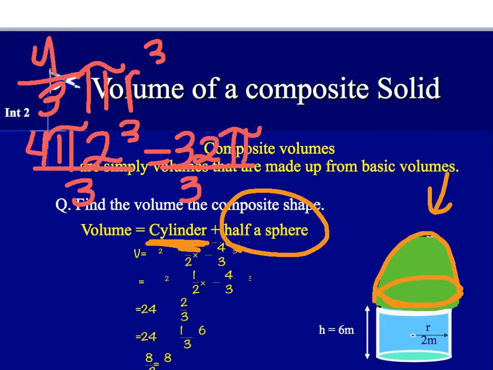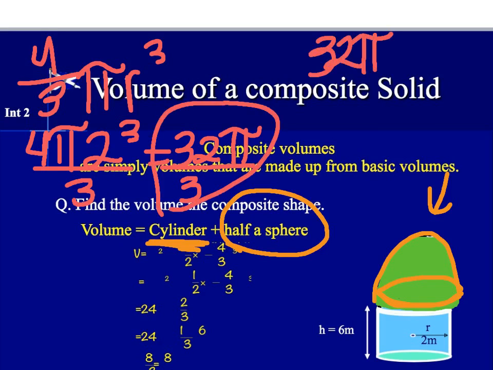Alright, and then we need to take half of this answer because this is for the entire sphere, but we only have half of it. So we've got to do 32 pi divided by 3, and we also have to then divide that by 2.